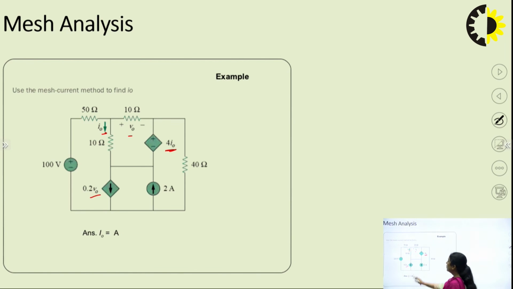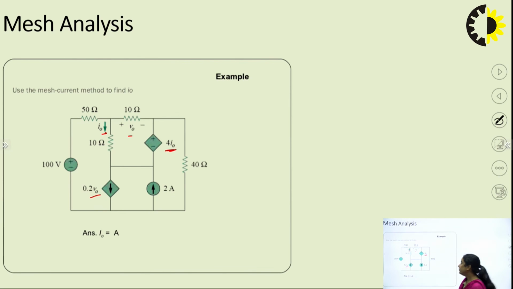If you see, 1, 2, 3, 4 meshes are there. So initially you will consider four mesh currents. Then you will see where you can write KVL equations and where you cannot. At the place where you cannot write the KVL equation, you can directly correlate the mesh currents.